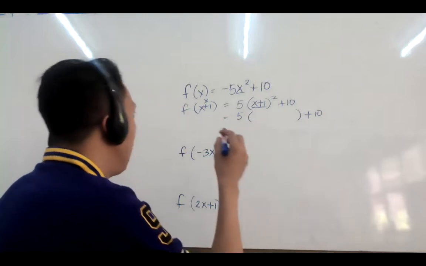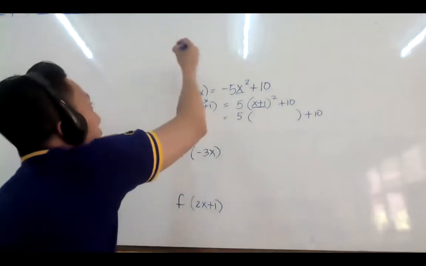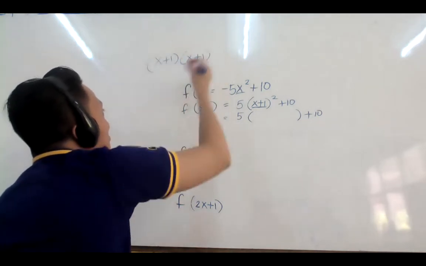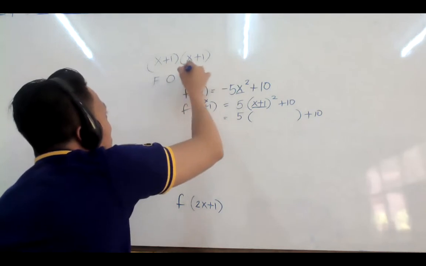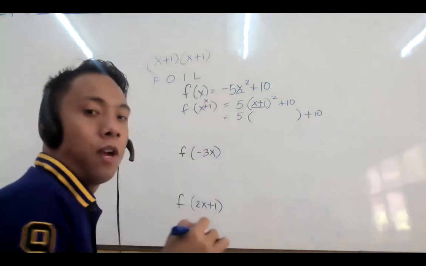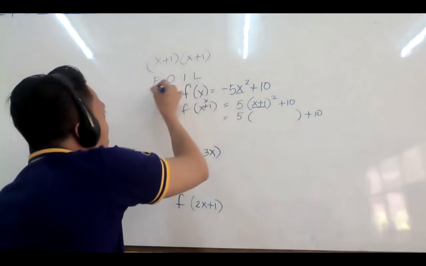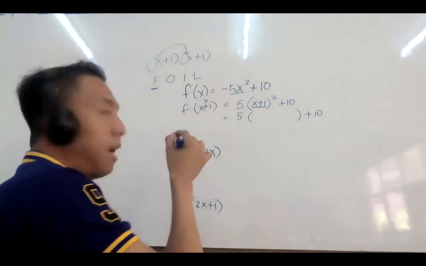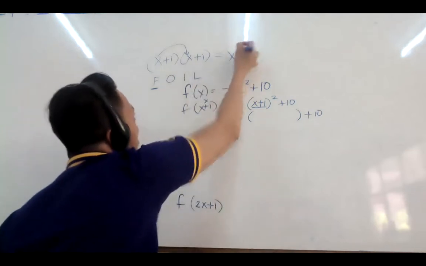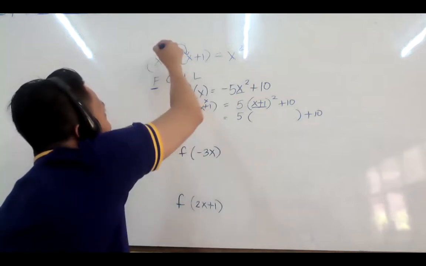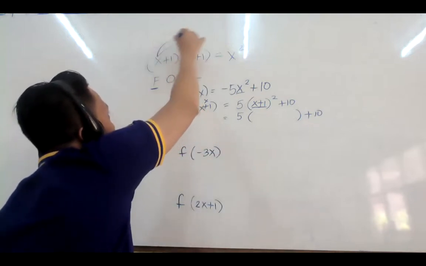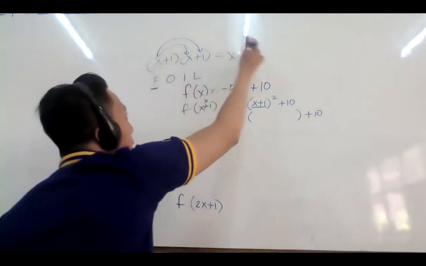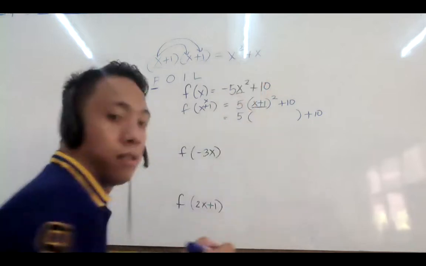So paano gawin yung FOIL again? X plus 1, x plus 1. FOIL. Paano gawin yung FOIL? Front times front. X times x, we have x squared. Outside: we have two outsides, x times 1 is positive x.